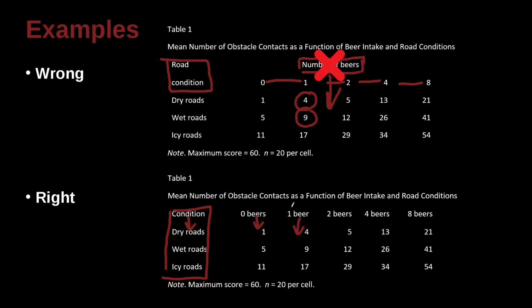So this is telling us 1 beer drunk resulted in a mean of 4 impacts on dry roads, 9 obstacle impacts on wet roads, and 17 on icy roads. And then down here we have a nice note, maximum score 60 and the subsample of 20 per cell. So in each cell we have 20 people, 20 participants. So I think the key here is keeping that column heading very clear.